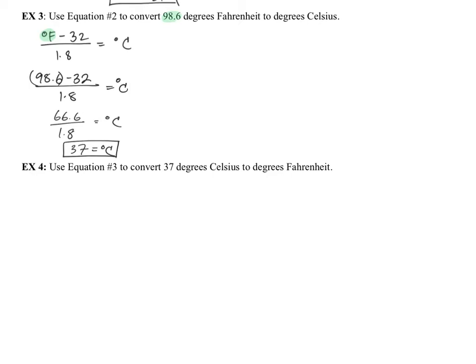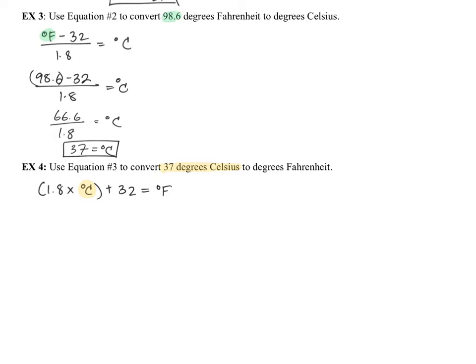Let's see. So we want to convert from Celsius to Fahrenheit, so we're going to use this equation, which once again I will copy down, as you should do on your exam notes, to let me know which formula you are using. And we're going to be plugging in 37 right here for Celsius.